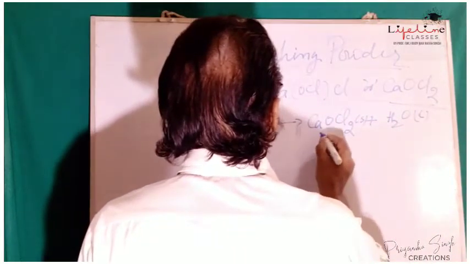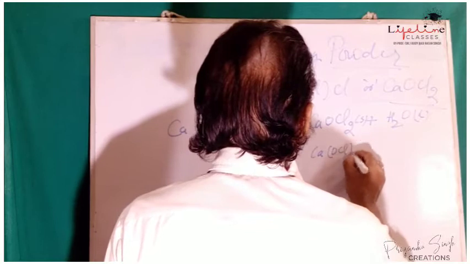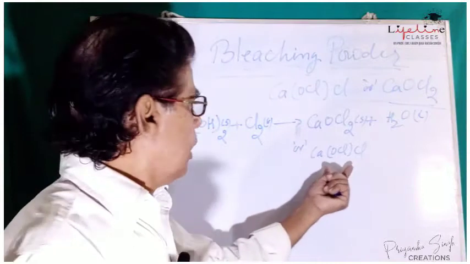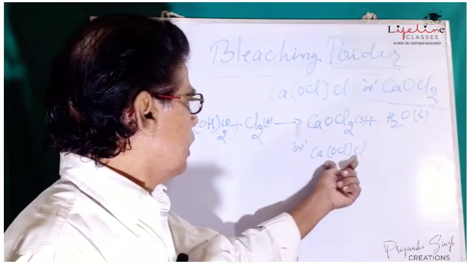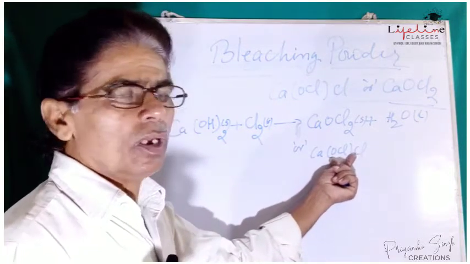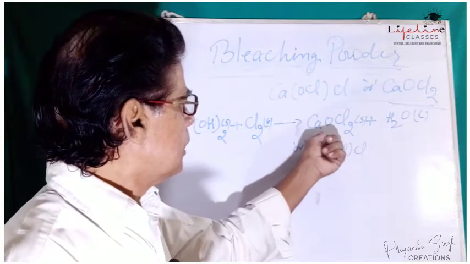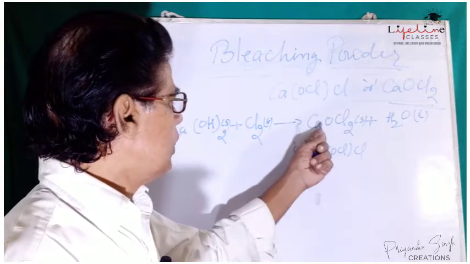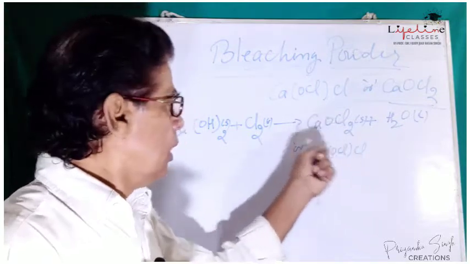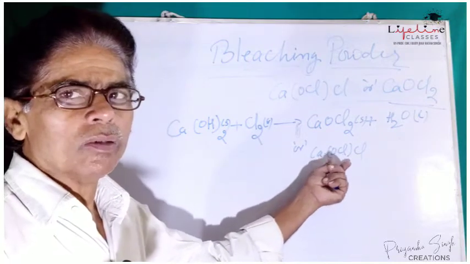Calcium oxychloride CaOCl2 can also be written as Ca(OCl)Cl. Both the radicals are present, that is OCl, hypochlorite, and chloride, but collectively these can be written as CaOCl2. Okay? So this is the chemical formula of bleaching powder.